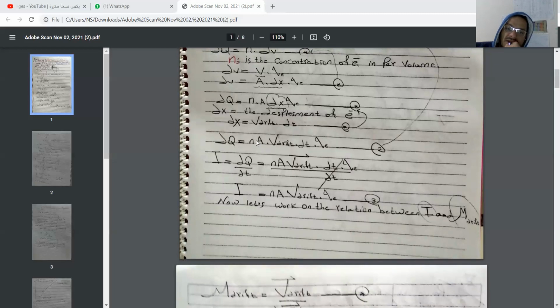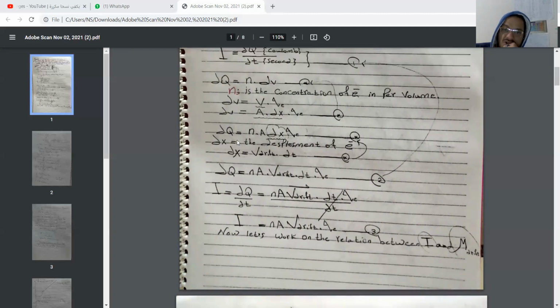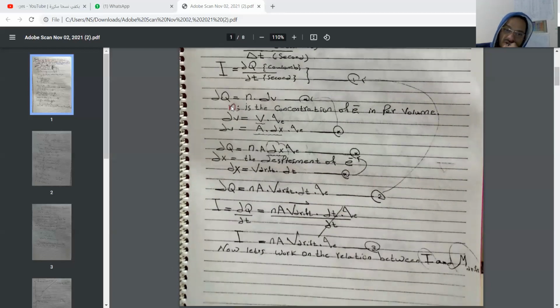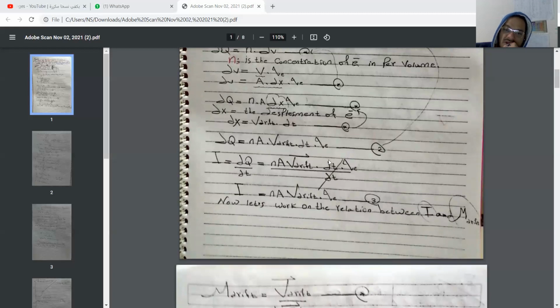Now let's put this last equation of the differential charge into equation number one. Current equals differential of charge divided by differential of time. That means we delete dt, and the last equation says the current equals the concentration of electrons, the area of the circle of the cylinder, the drift velocity of electron, and the electron charge.